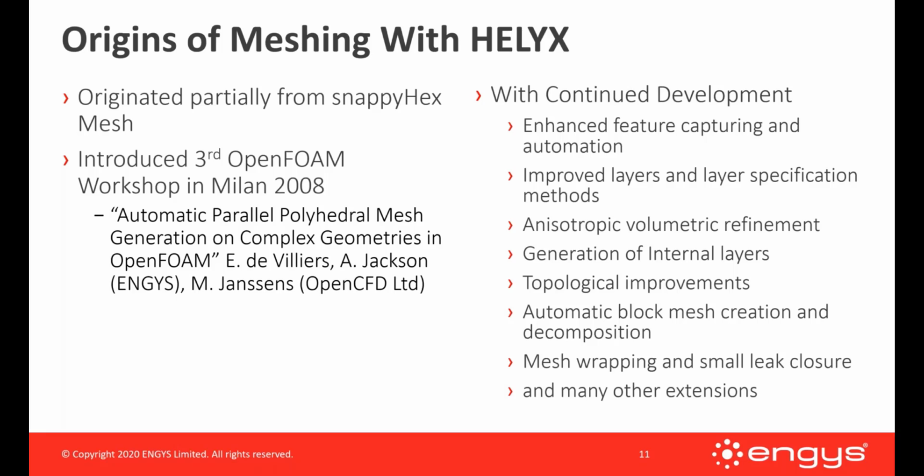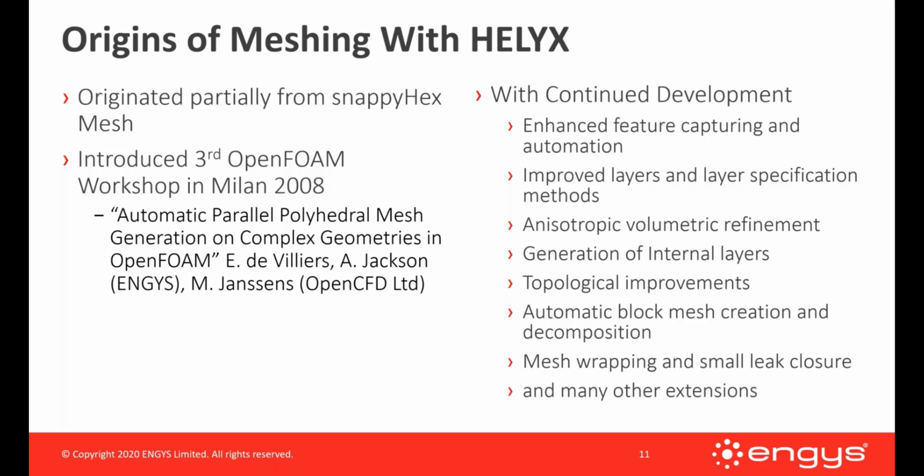However, Andrew Jackson has done a tremendous amount of work over the 10 years that we've been in business, and he's done a great job with continued development to enhance feature capturing and automation, to improve the layer addition algorithm and layer specification method. So now you have more control over the layers to achieve higher layer coverage on different geometries. There's anisotropic volume refinement.